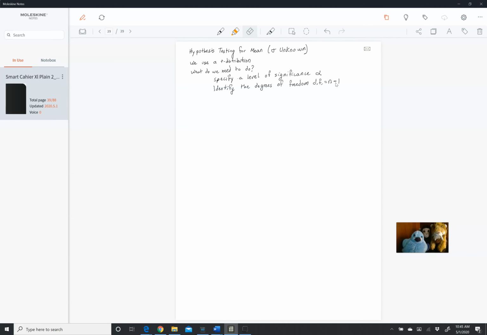Okay, and then you need to find the critical value. So we did that with the z-score chart, right? We did that with the z-score where we found the critical value. Here we're doing it with the t-distribution. And not surprisingly, that critical value is annotated as T0.